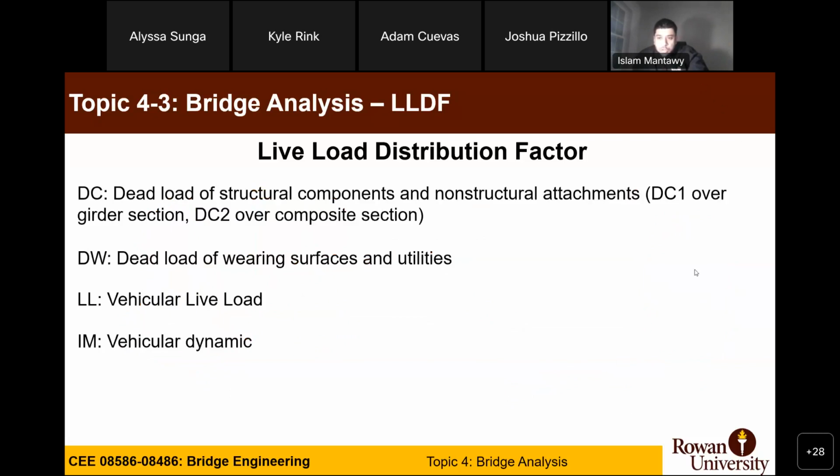I'm pretty sure if I ask Allison to maybe comment on this slide. Do you have any comment, Allison, on this slide? Well, this slide details some of the different loading on the bridge.